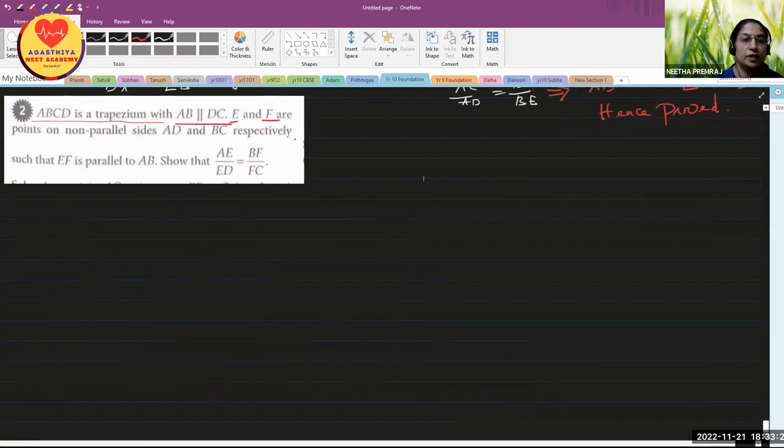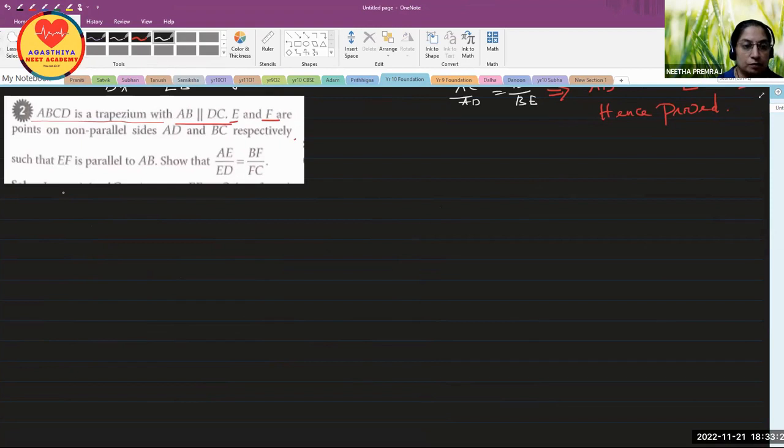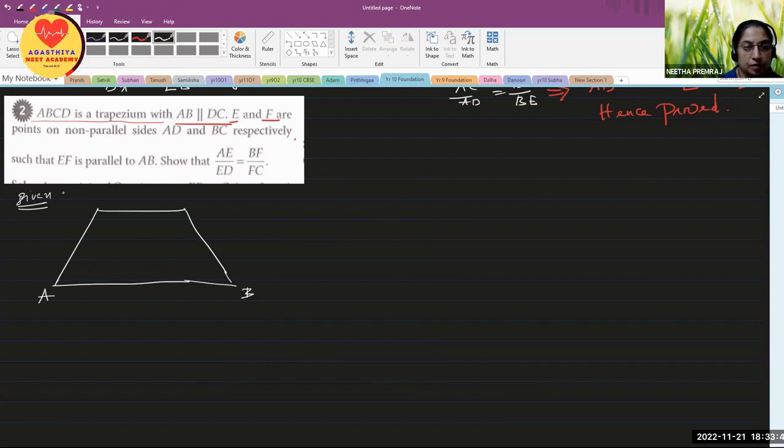So ABCD is a trapezium. First you have to write given properly. ABCD is a trapezium. Draw a trapezium where AB and DC are parallel, so these two lines are parallel to each other.